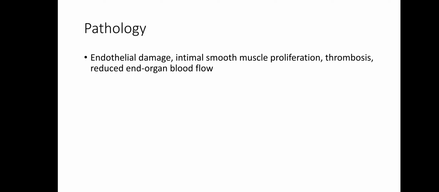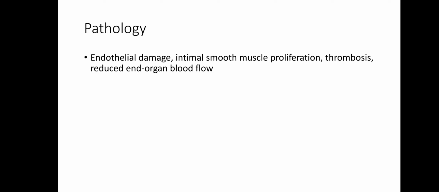So the pathology, the main cause of inflammation and the process that occurs leading up to inflammation of the blood vessels, it's endothelial damage, usually by antibodies from your own body. So endothelial damage will lead to the smooth muscle inside the blood vessel to proliferate. Also, endothelial damage causes the exposure of the endothelium, and when endothelium is exposed, it becomes procoagulant.